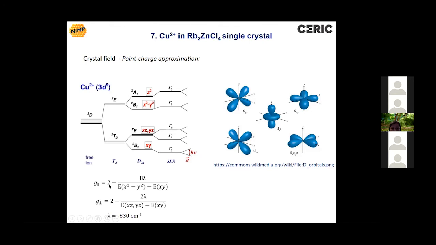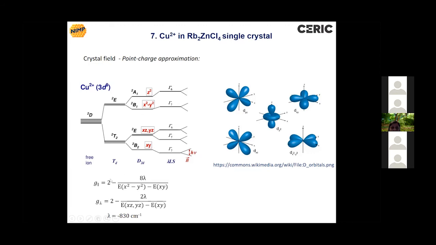And these are the g parallel and perpendicular determined for a tetragonal distortion of the copper 2+ site. This is an example of use of the formula from the theoretical course to see how the spin-orbit coupling mixes excited states into the ground state.